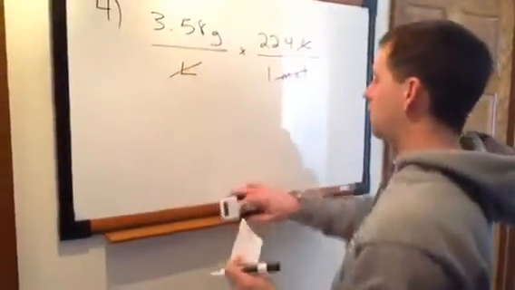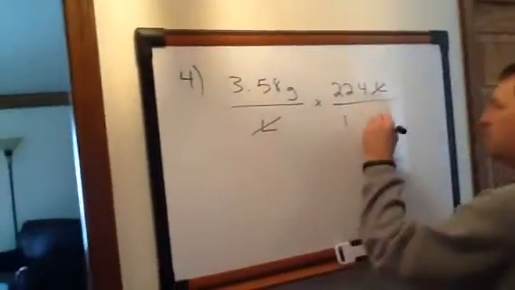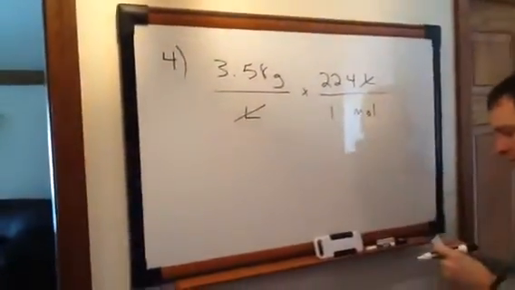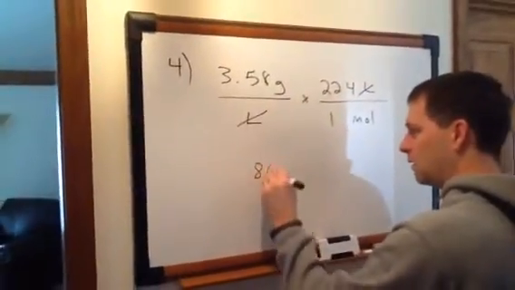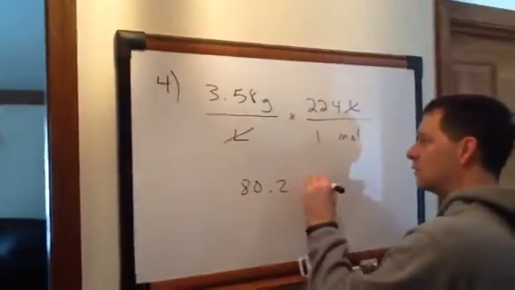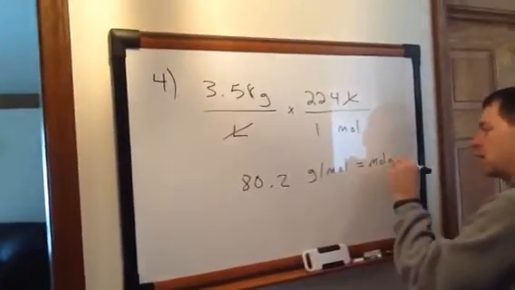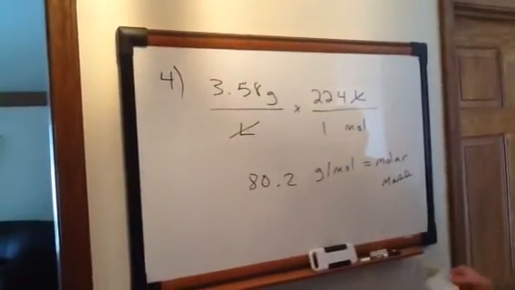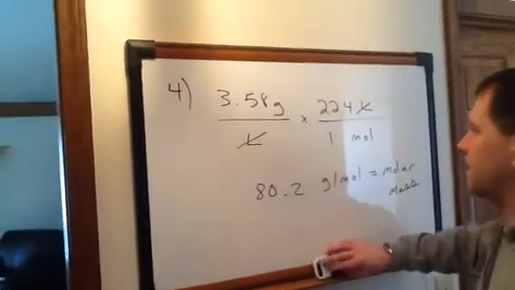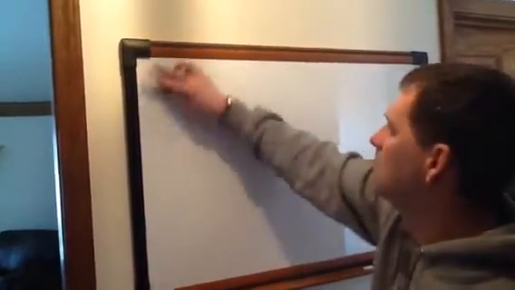Liters will cancel off, moles will not cancel off. Moles is what we want to try to find because we're trying to find the molar mass of the gas. So 3.58 times 22.4 equals 80.2 grams per mole. And that, of course, equals the molar mass. Next is problem 5.